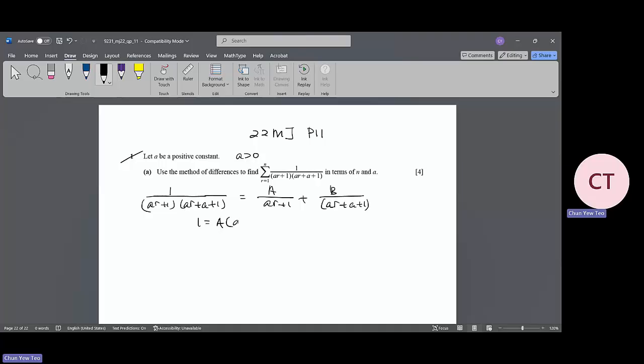You'll get this. And when r is equal to negative a plus 1 over a, then you'll get this is 0.